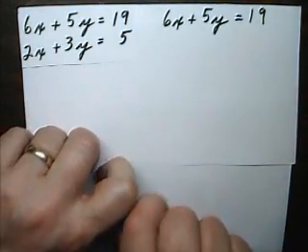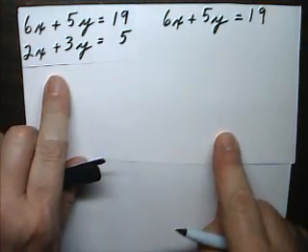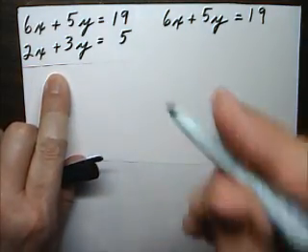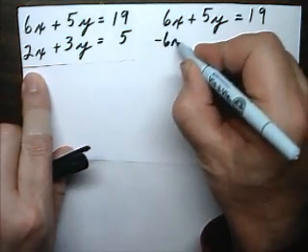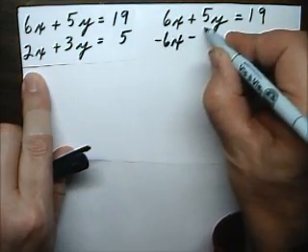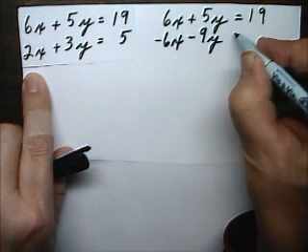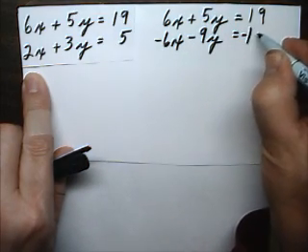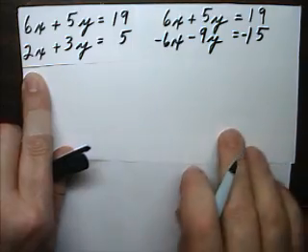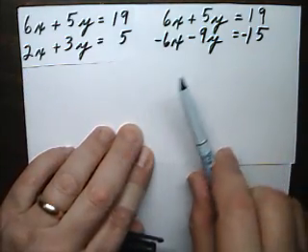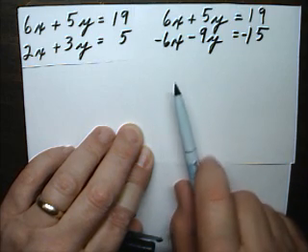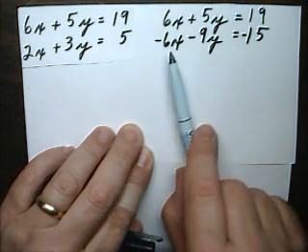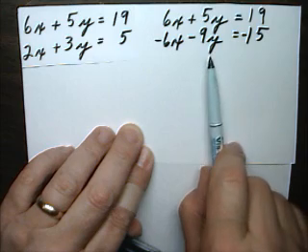And I'm going to multiply the second equation by -3. There. Each term got multiplied by -3. And now when I add these two up, the x's disappear.